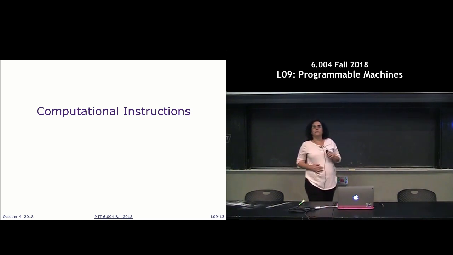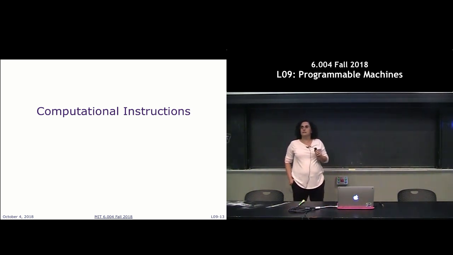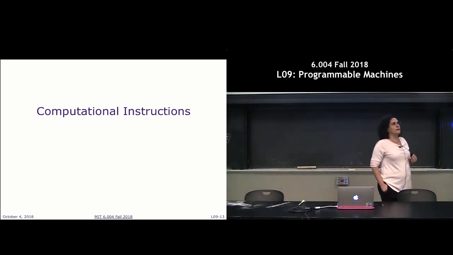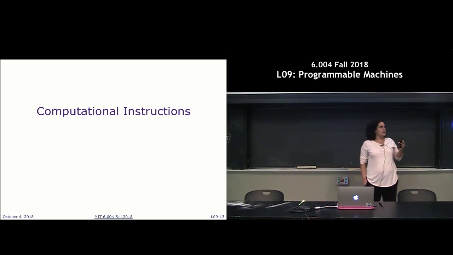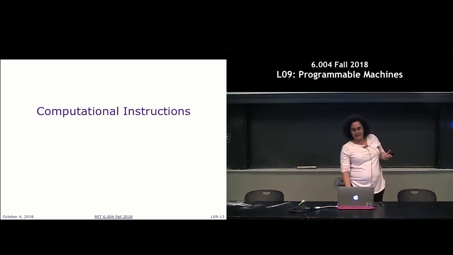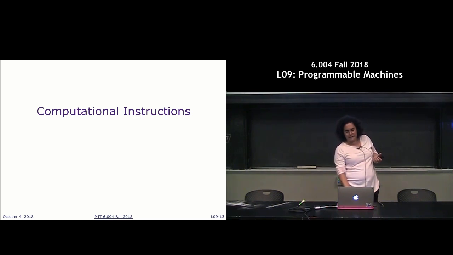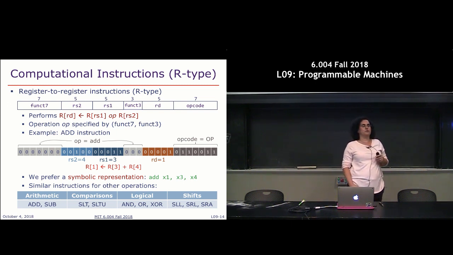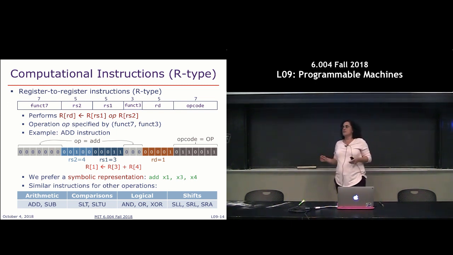All right, so we're now going to start to look at our computational instructions. The first type of computational instructions are what we call the R type. This refers to instructions that operate on 2 registers. This is the detailed encoding of what these register-to-register instructions are going to look like in memory. Specifically, like all other instructions, they're going to have this 7-bit opcode, which is going to tell us this type of instruction.